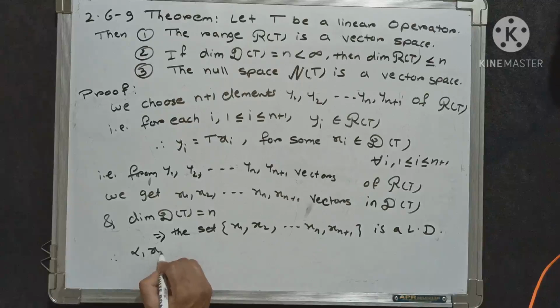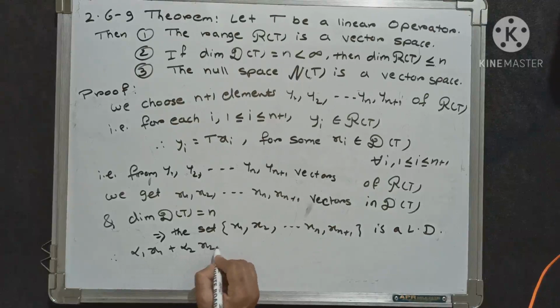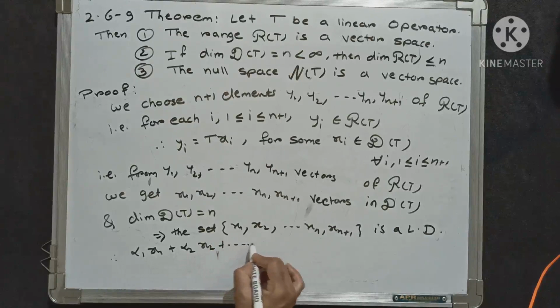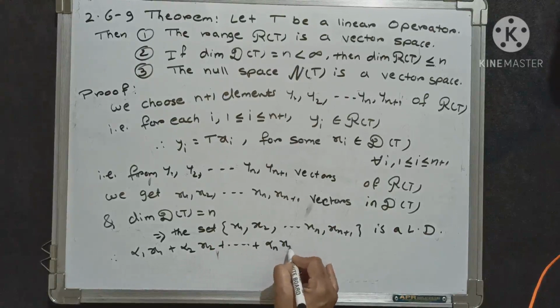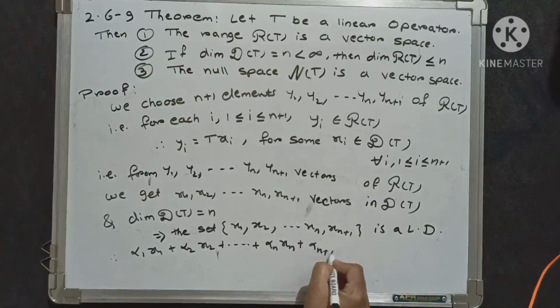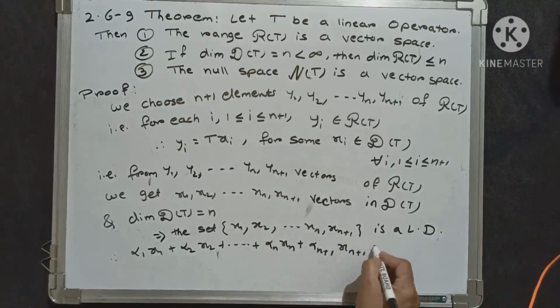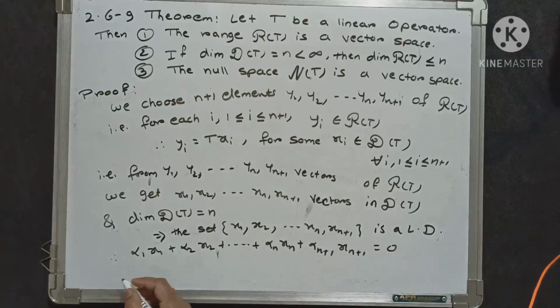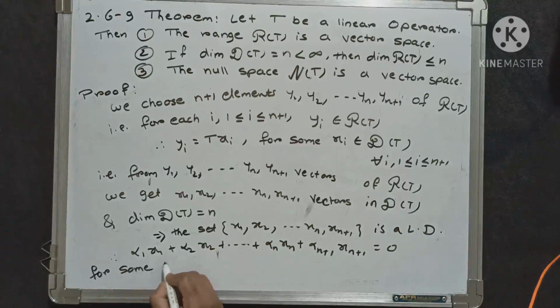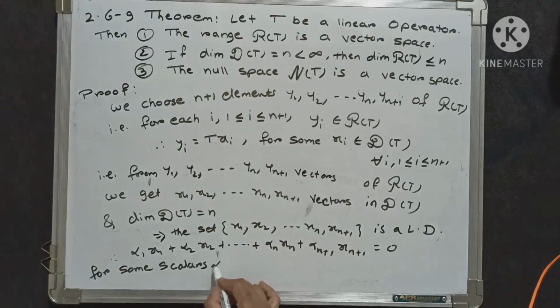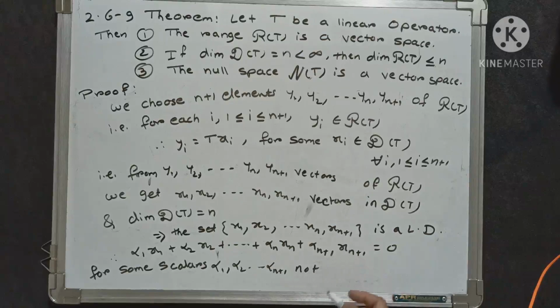So alpha 1 x1 plus alpha 2 x2 up to alpha n xn plus alpha n plus 1 xn plus 1 equals 0 for some scalars alpha 1, alpha 2, up to alpha n plus 1, not all zeros, by the definition of linearly dependent.